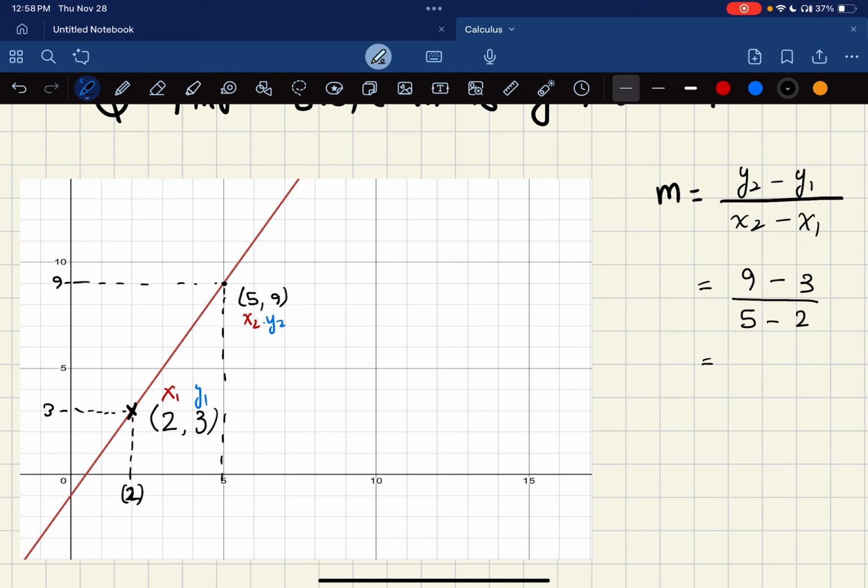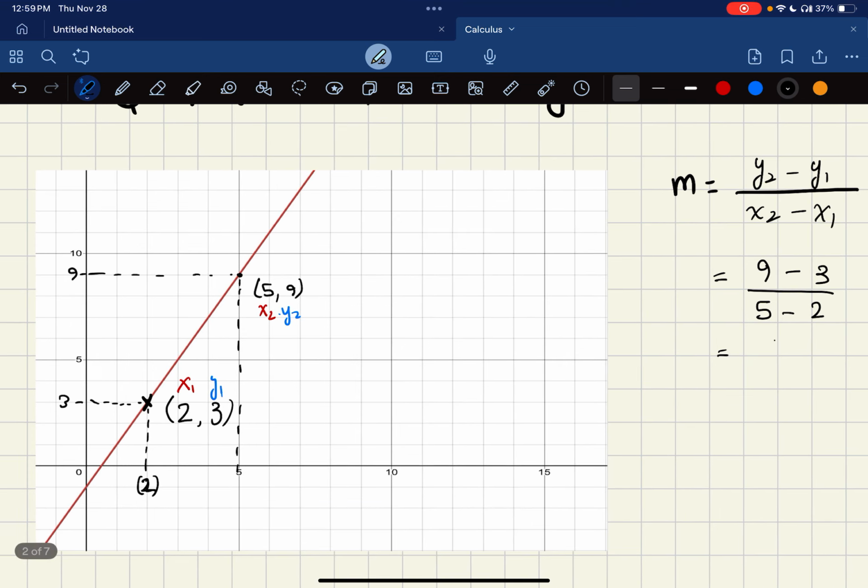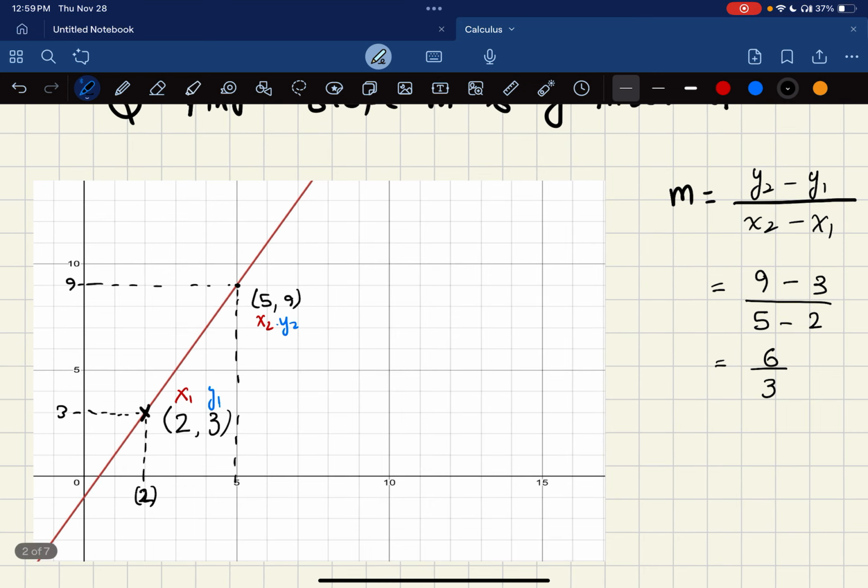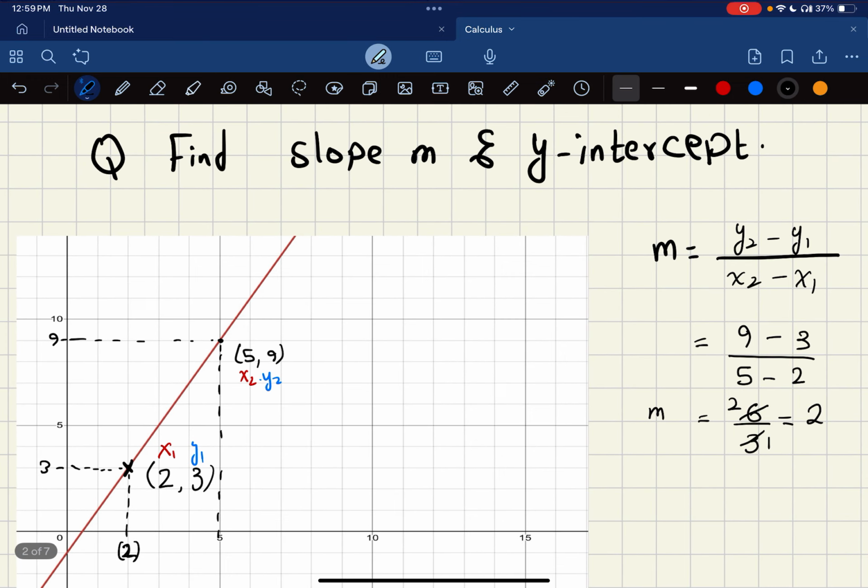So we get 9 minus 3, that's going to be 6, and 5 minus 2, that's going to be 3. Now we can divide these to get 2 at the end. So our slope is going to be 2. We have answered this first part.